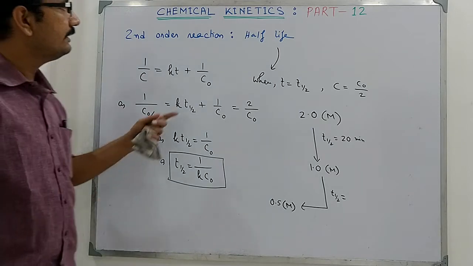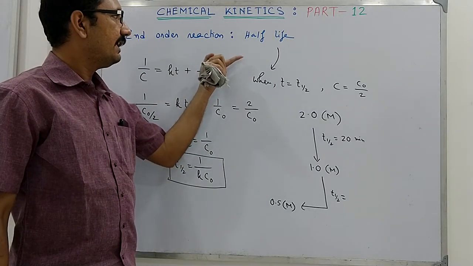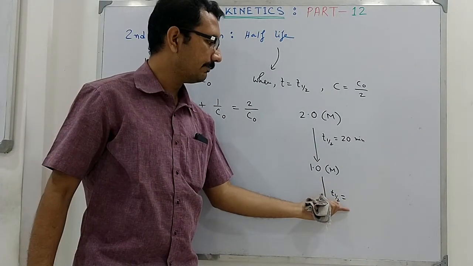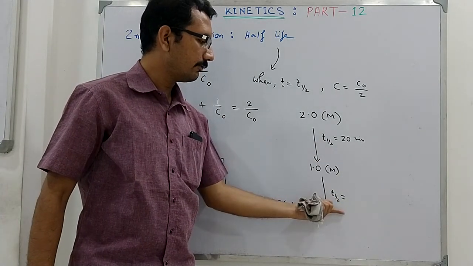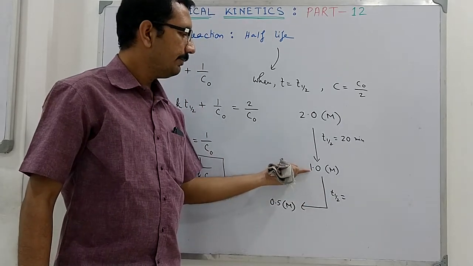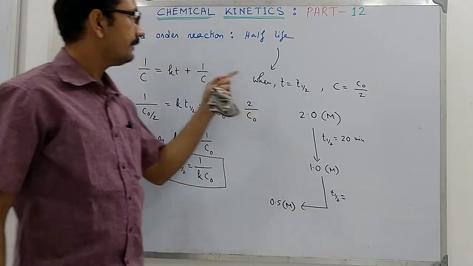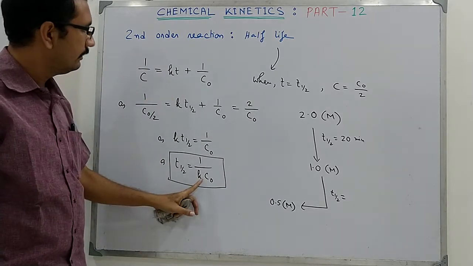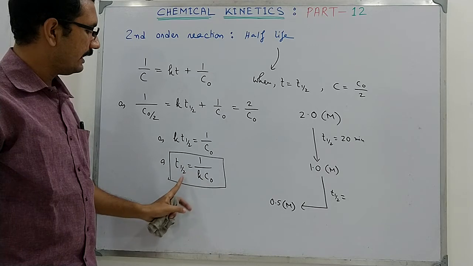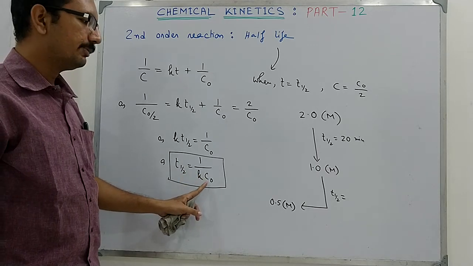Now we have noticed in the half-life of first order reaction that the half-life remains the same. That is, in the second case also the half-life will be 20 minutes independent of the initial concentration. But in the second order reaction, the half-life is a function of initial concentration and it is inversely proportional.